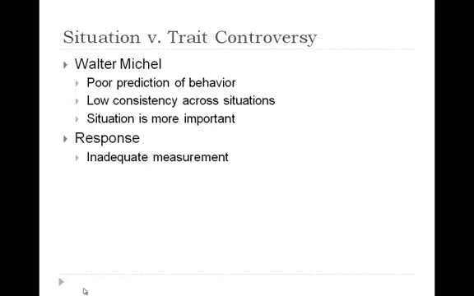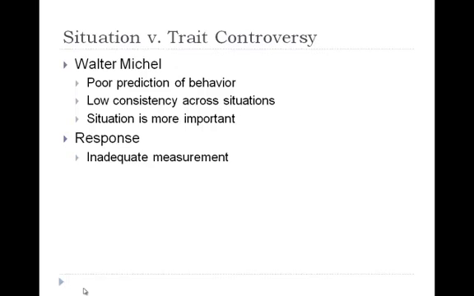When you want to measure behavior, you take a larger sample of the behavior. So you don't just ask, what do they do now? You ask, what do they do this day, this day, this day? You measure it multiple times, in multiple situations, and then look at the relation between that and the trait.